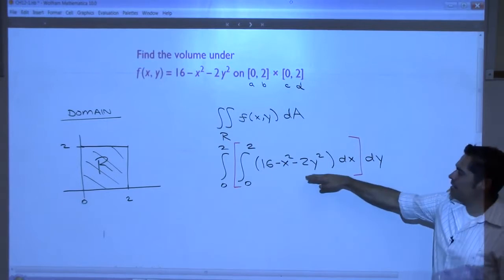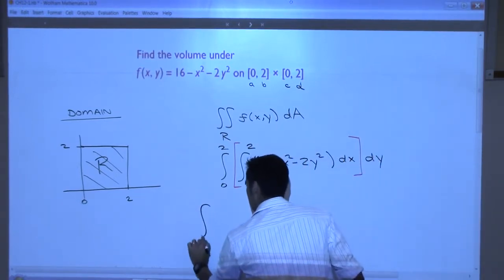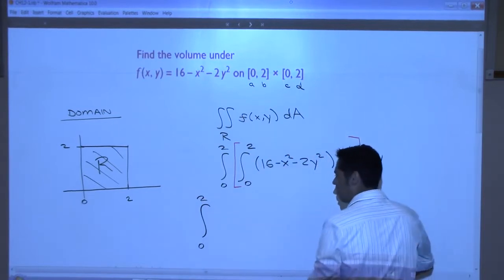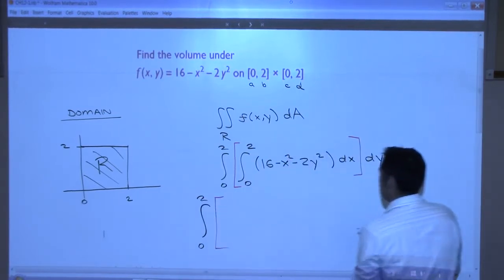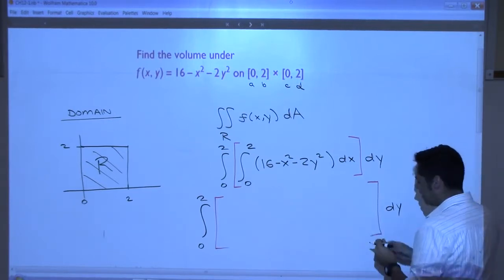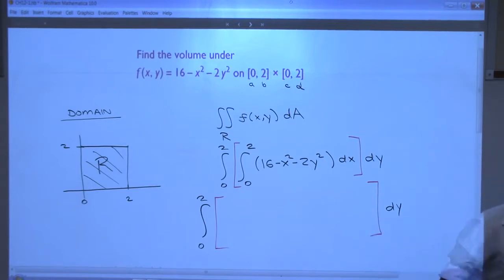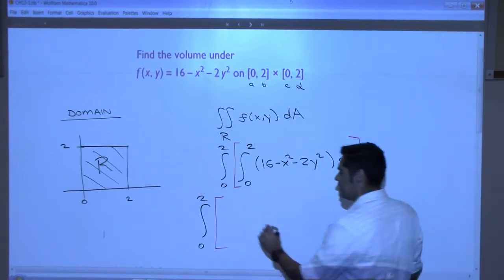All right, what is the antiderivative of this? And I'm going to leave this integral out here. I'm going to do my work on the inside. Let's see, dx over here. What is the antiderivative of 16 with respect to x? 16x, right? 16x.